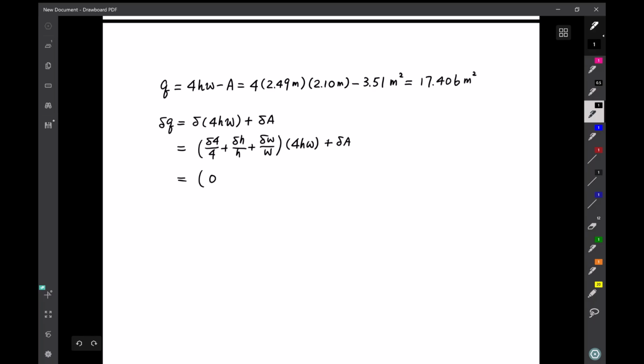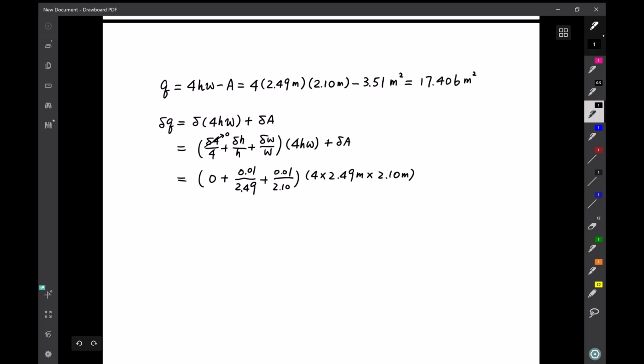This first one is 0. Second one is delta H over H, which is 0.01 over 2.49, plus delta W over W, 0.01 over 2.10, times 4 times 2.49 meters times 2.10 meters.